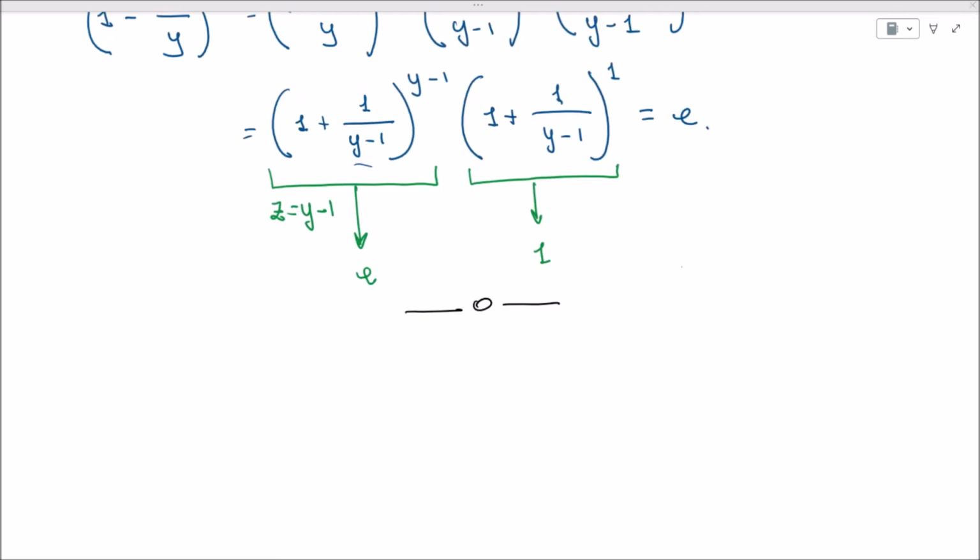We have a few other fundamental limits to prove. In particular, we want to prove the one related with the logarithm.